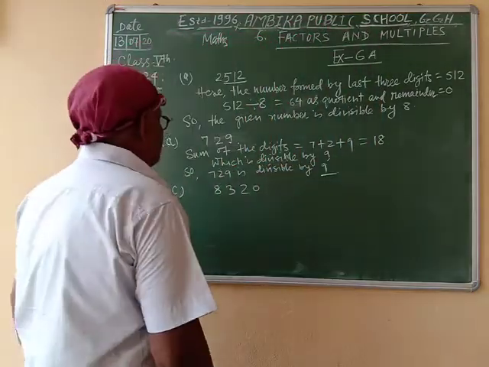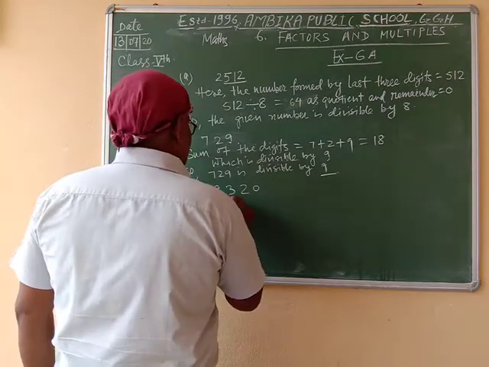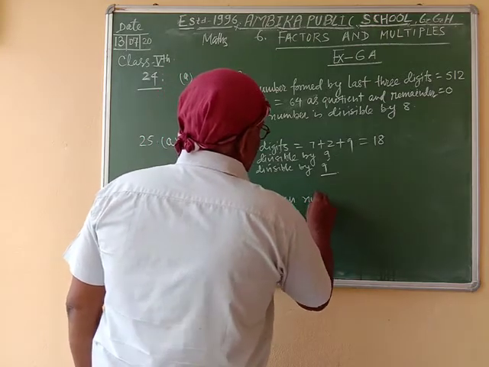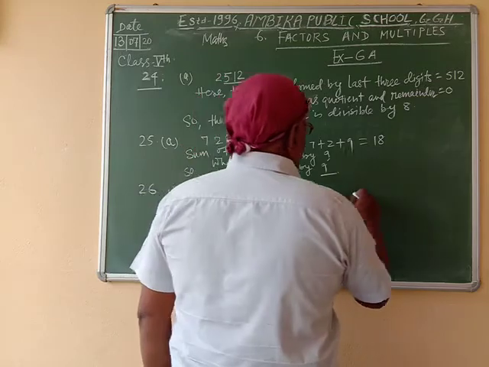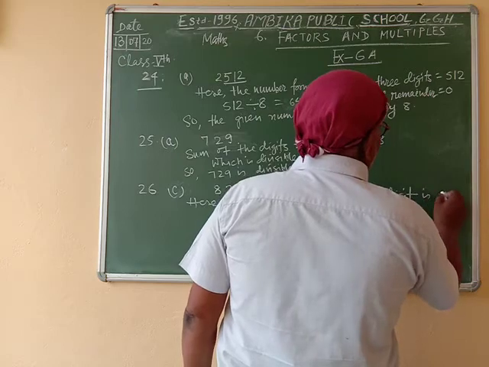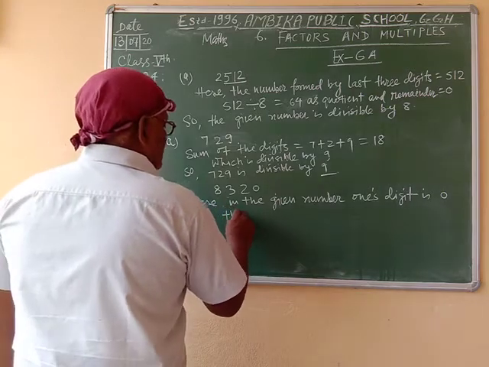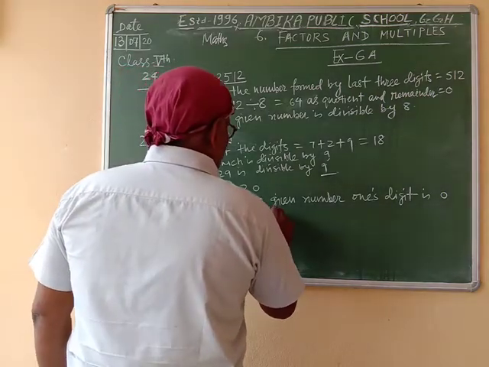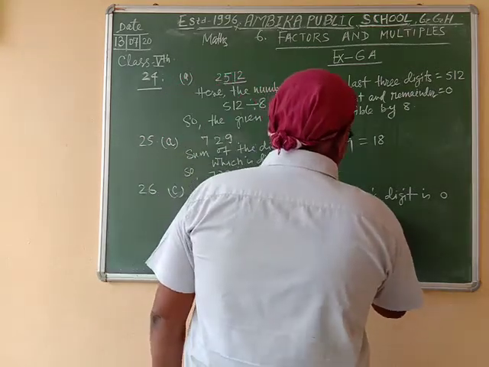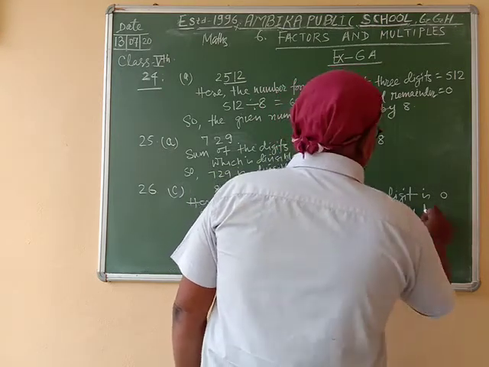Here in the given number, the ones digit is 0, so the given number is divisible by 10.